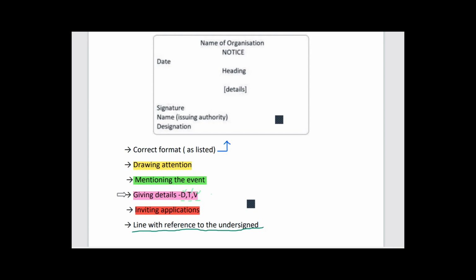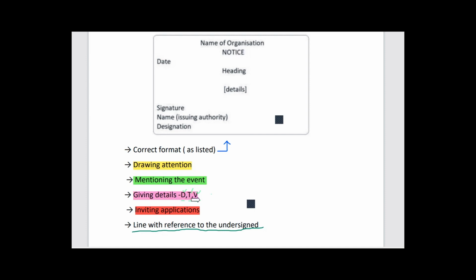The 3 details that give you marks in the body is the mention of D, T, and V. D stands for the date of the event, T the time of the event, and V is for the venue. So when, what time, and where.